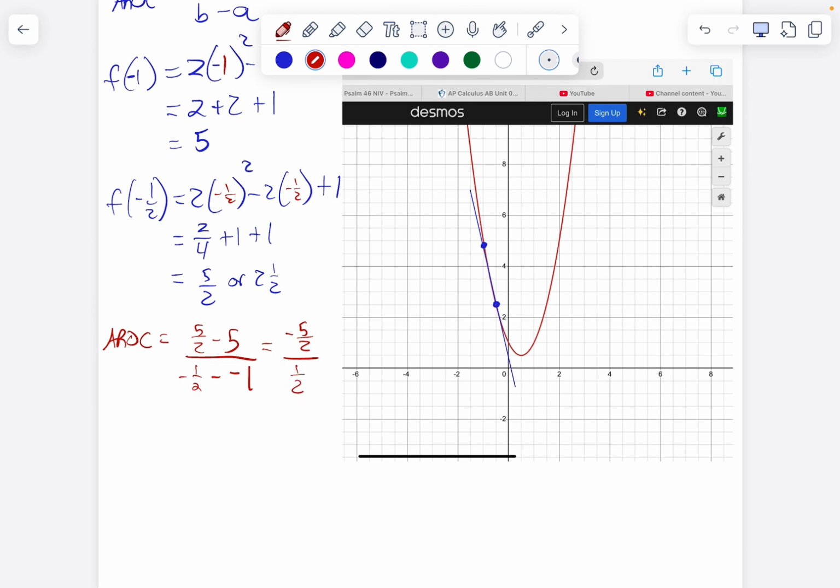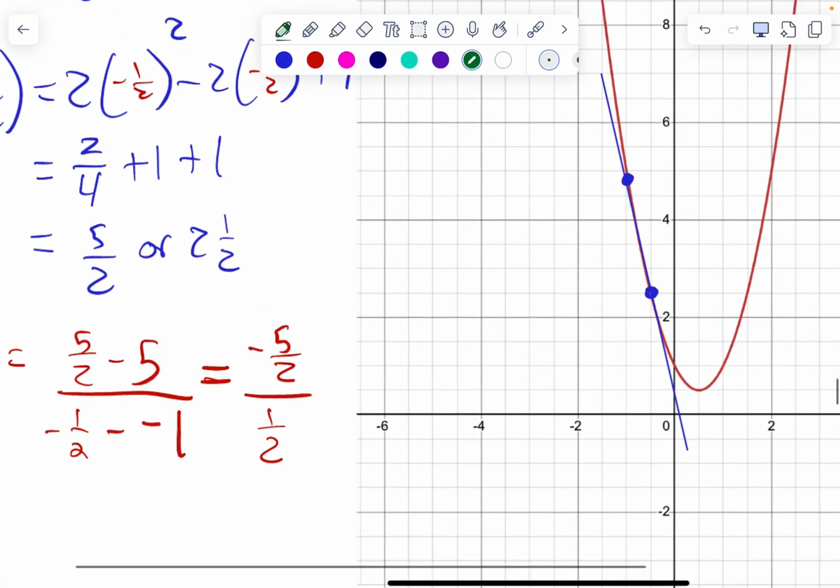Okay, so we just have this little fraction deal here. Honestly, you decimal people, it's usually easier to do it with fractions. If we had it as decimals, it would be -2.5 over 0.5. This one's not too bad, but I'm going to show you.